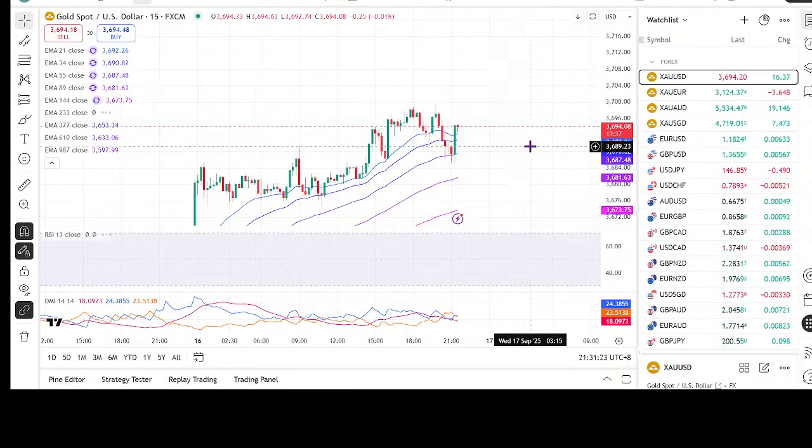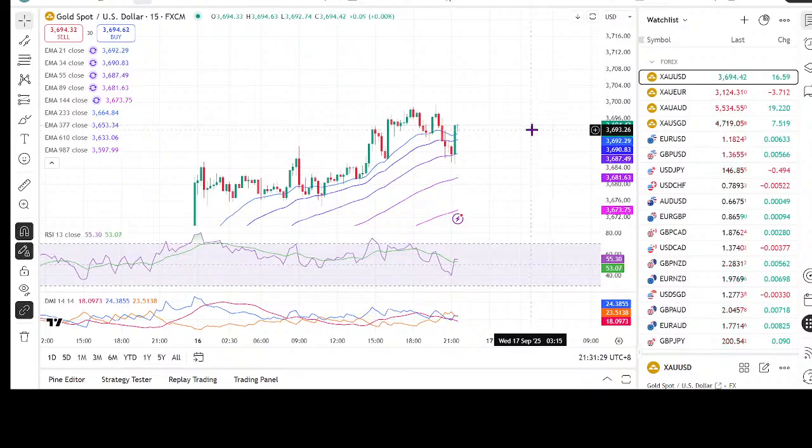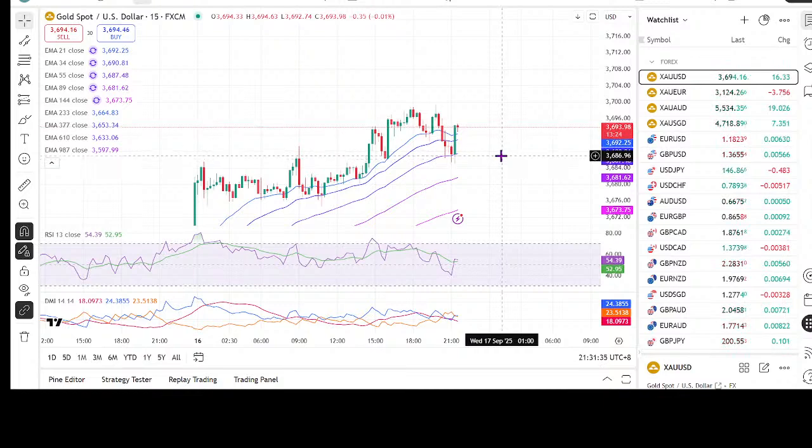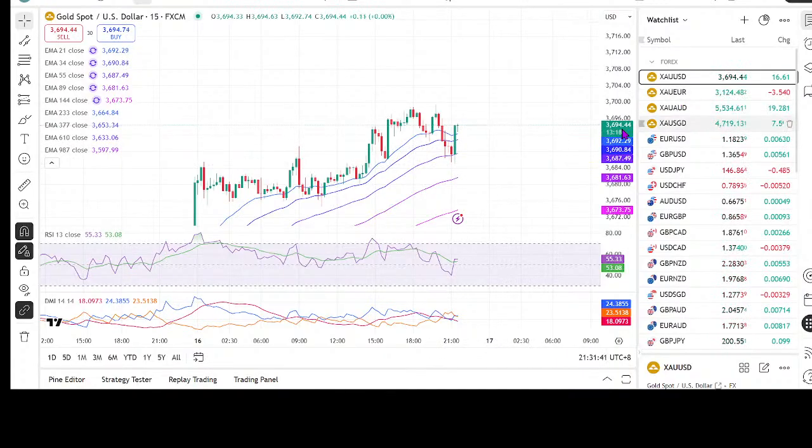Okay, so now what we will do is, we don't want to go on too many trades, and we'll just concentrate on one trade, which is the gold US. So I don't want to go for gold euro and gold Aussie, because the signals are a bit mixed.